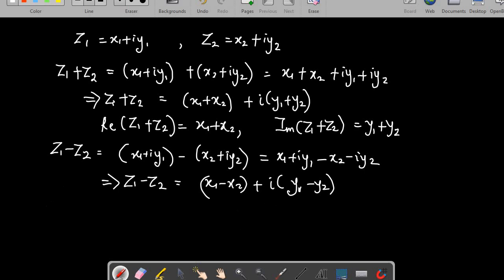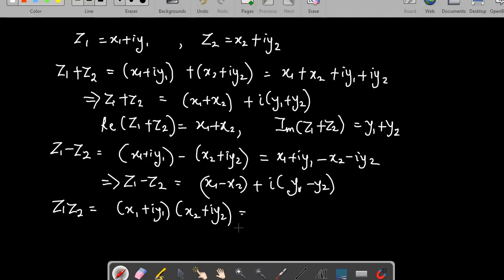Now you can also multiply two complex numbers. Let's use our z1 and z2. So how do we multiply complex numbers? You do it like you're expanding binomial factors, x1 plus iy1 times x2 plus iy2.